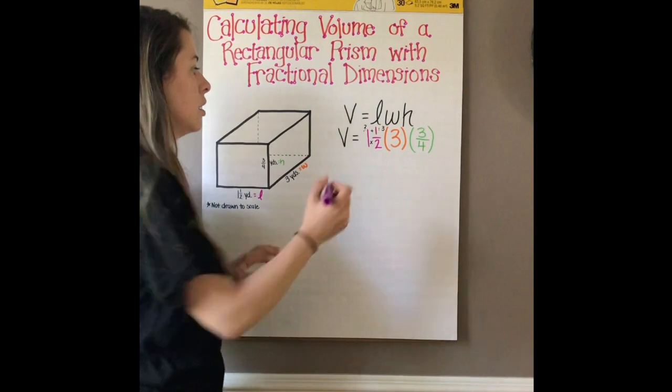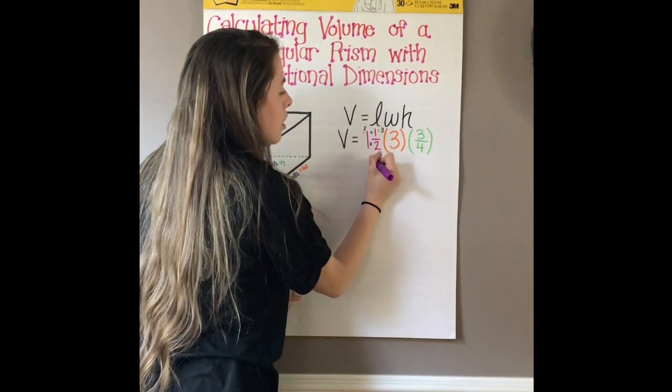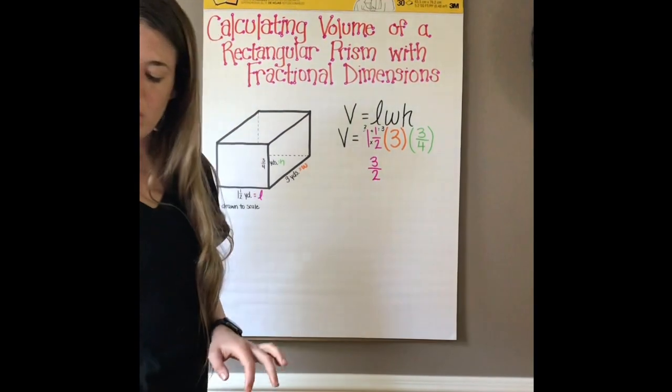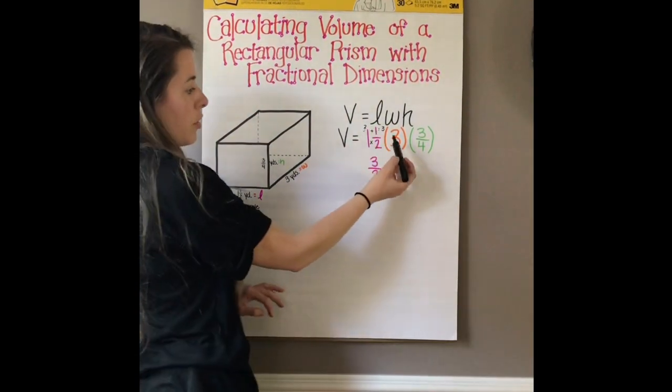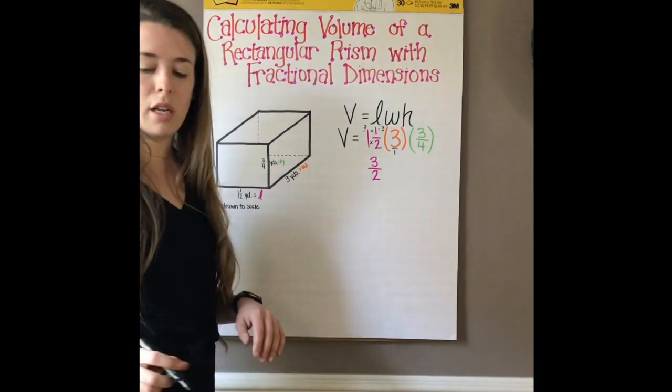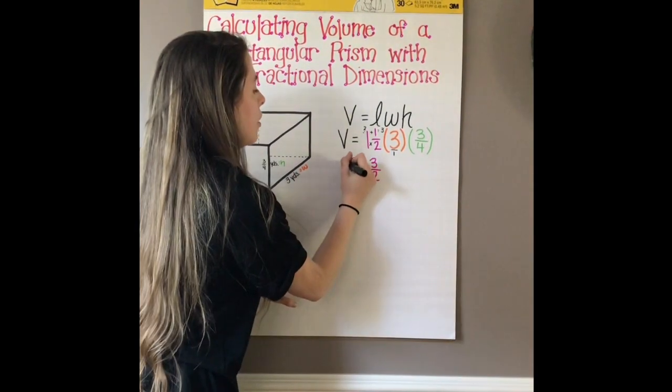So now I'm going to rewrite this as 3 over 2. This is a whole number 3. So in order to make this one look like a fraction, I'm going to write it over the number 1.